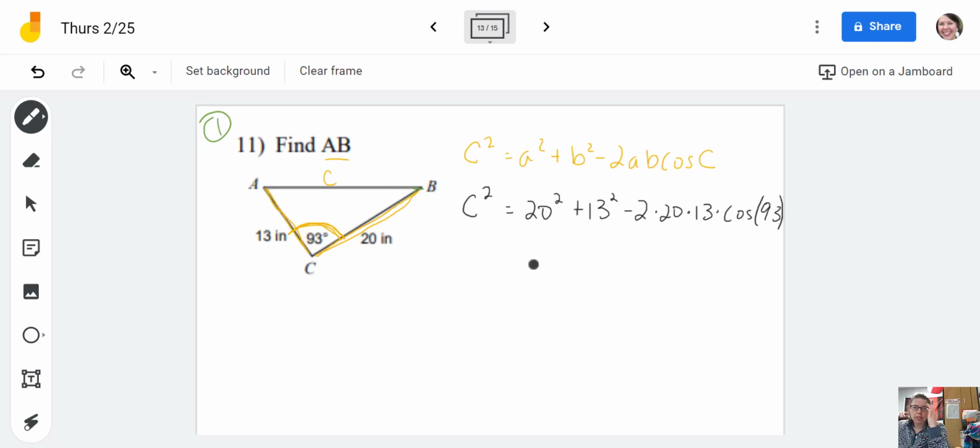I like cosine because I can just type it all in the calculator and square root. Because here we're solving for C, I have C squared.